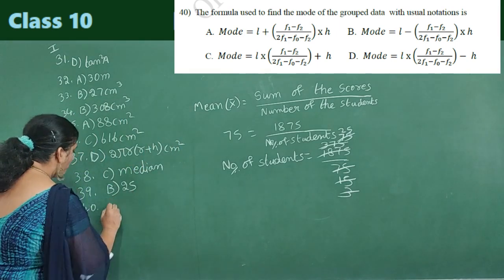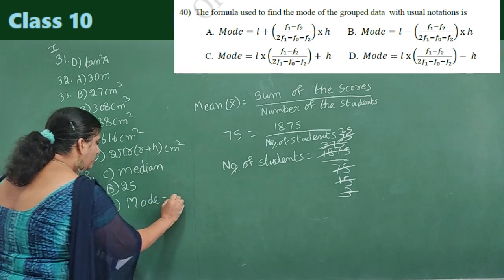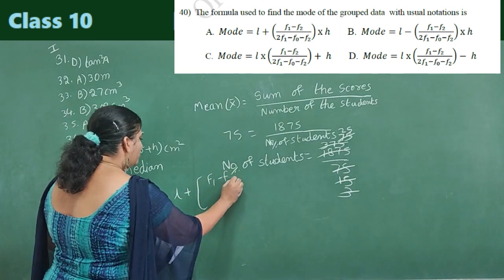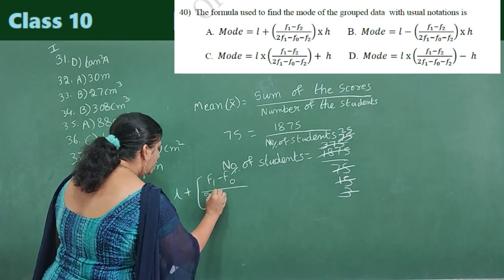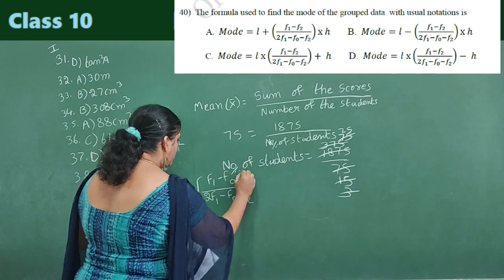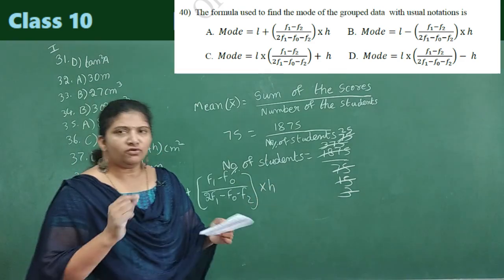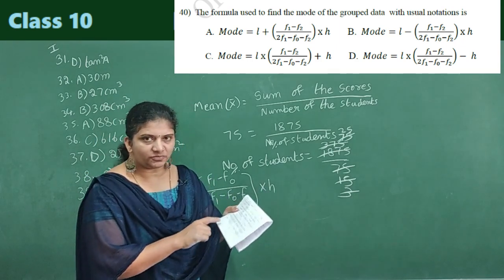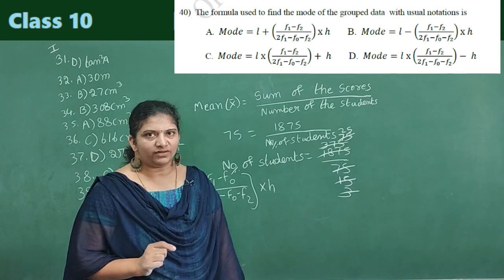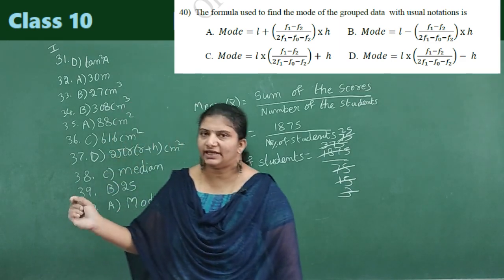That is option A. If you want, you can observe other three options here. The other three options are wrong and we go with option A.